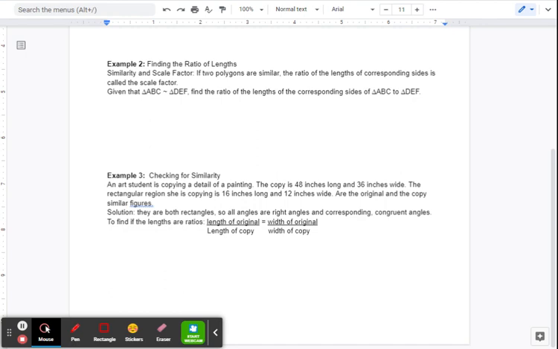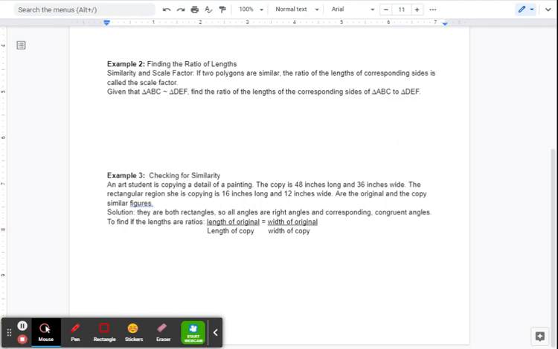I can actually divide it by 12. 12 divided by 12 is 1. 36 divided by 12 is 3. So our question is, are the original and the copy similar figures? How do you know? You said yes. How do you know that they are similar?